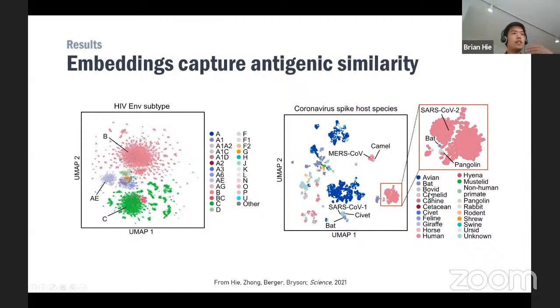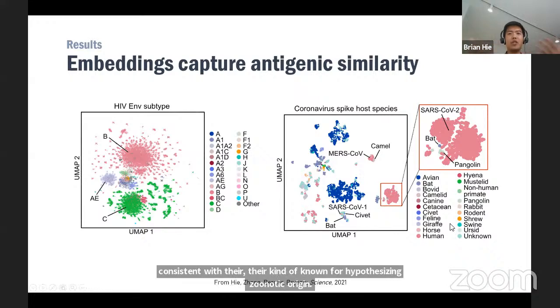And in the coronavirus spike case, these well-known human coronaviruses actually cluster with the hypothesized zoonotic origin of these human coronaviruses. So SARS-CoV-1 clusters with bat and civet, MERS-CoV clusters with camel, and SARS-CoV-2 clusters with these bat and pangolin sequences, consistent with their known or hypothesized zoonotic origin.